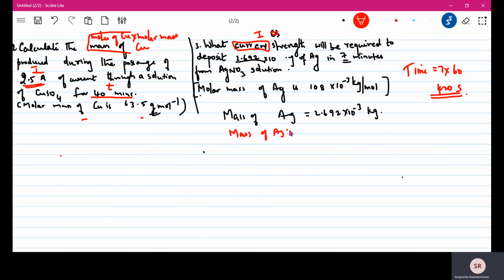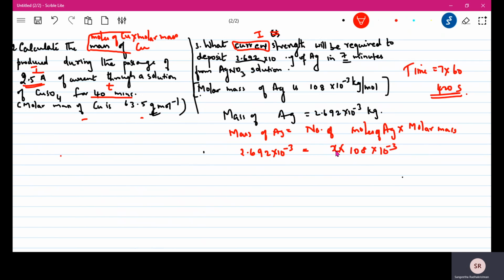Now how do you find mass of silver? Mass of silver is number of moles of silver into molar mass. We are going in the reverse now. Mass of silver we already know, it is 2.692 into 10 raised to minus 3. Number of moles we do not know, I will take as x. And molar mass is already given, 108 into 10 raised to minus 3.